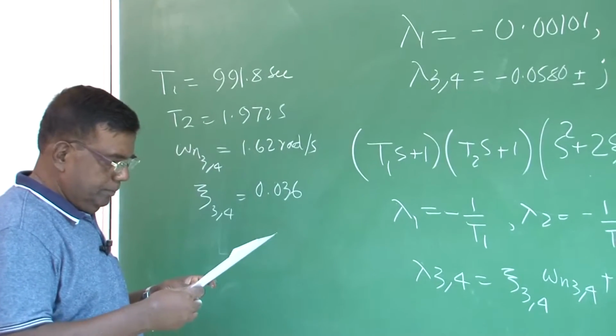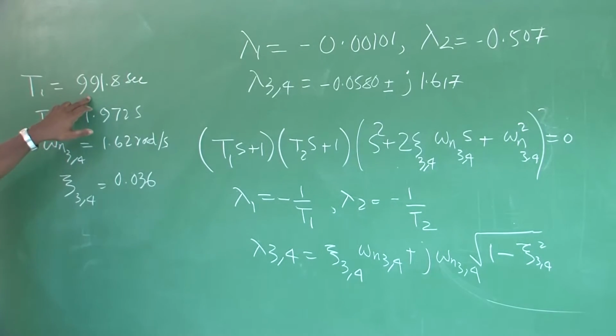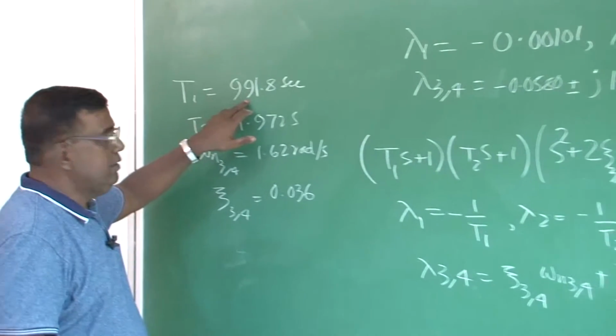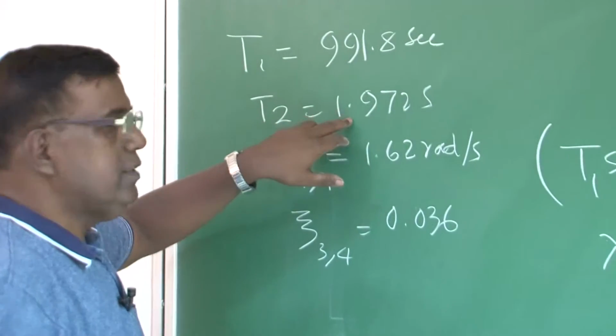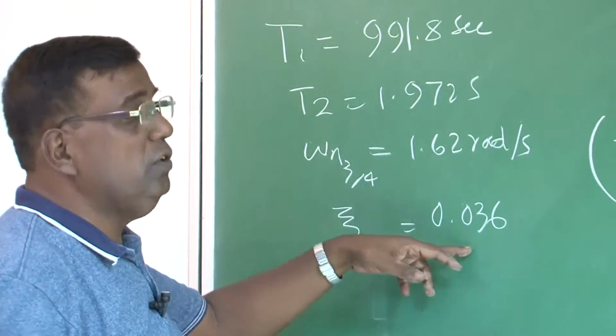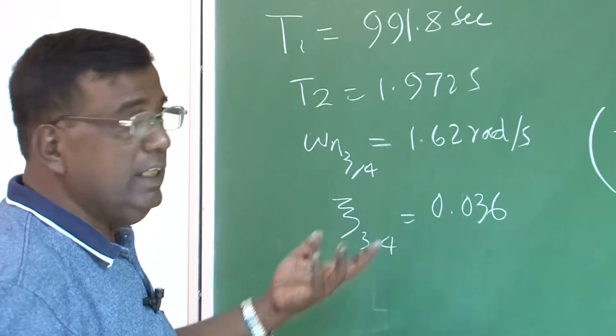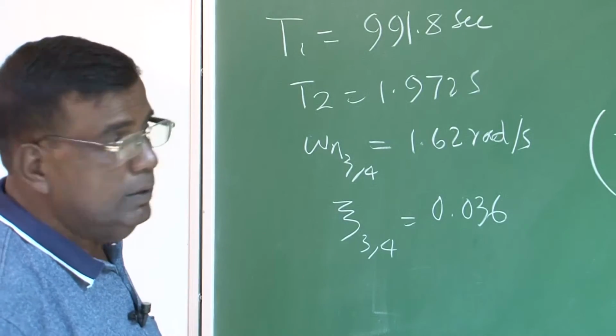So, that confirms our point that this is slowly convergent, taking a very large time. This is fast convergent, and this has a natural frequency with a low damping ratio. So, it is not highly damped, it is slowly damped, which is the Dutch roll mode.